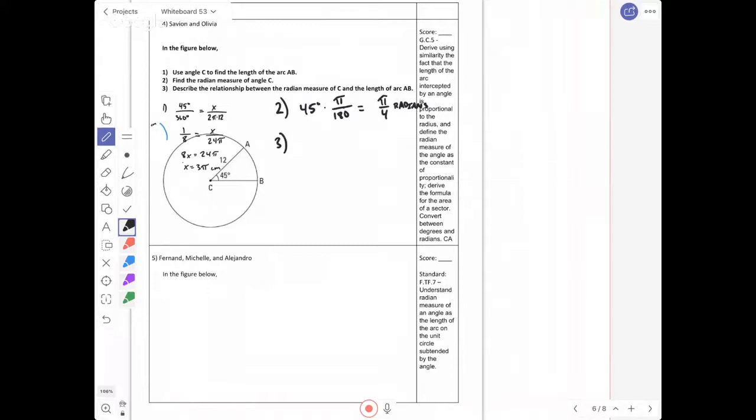3. Describe the relationship between the radian measure of C and the length of arc AB.